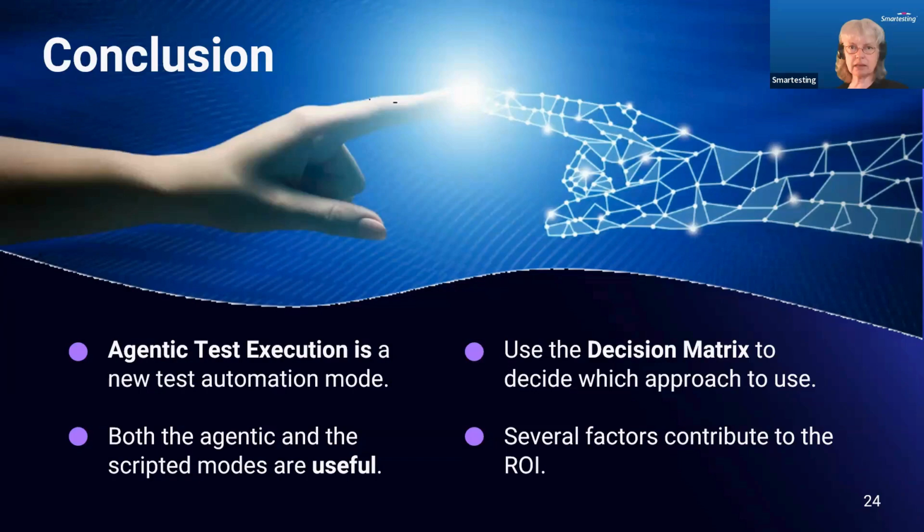Advantages and disadvantages in that are different. I provided you with the decision matrix, which helps you decide which approach to use. And I also triggered a little bit the return on invest factors, that you should not just look at the time it takes to execute the test cases, for example.